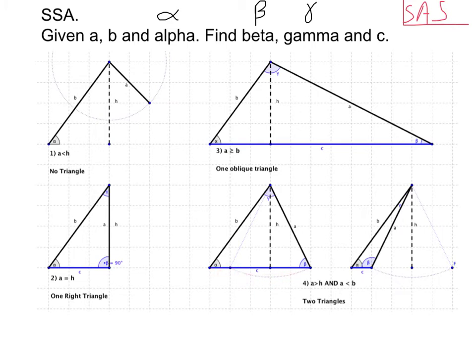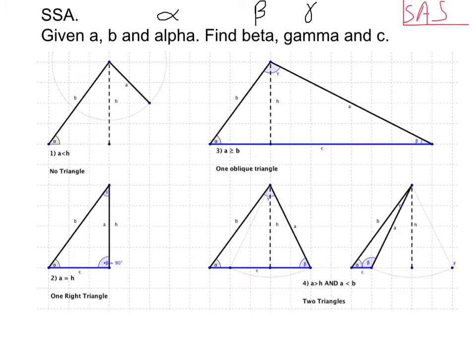And it will definitely change the length of C, but C is not something I'm given, so I'm allowed to change that. I didn't change alpha, I didn't change A, I didn't change B, and I have two different triangles, with then two different gammas, C's, and betas. And so that's what we're most interested in here, is two different triangles.